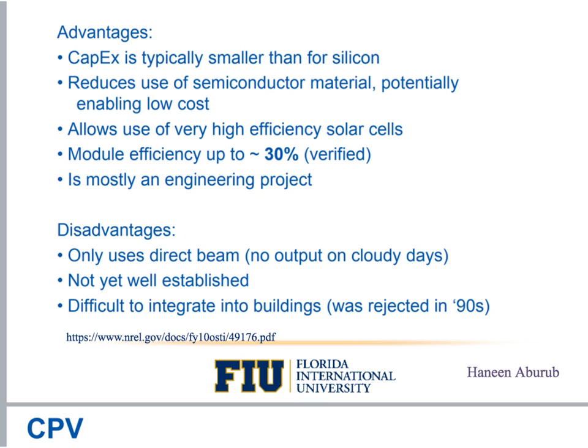It can reach approximately 30%. I think these are the two main advantages of this type of technology. The disadvantage is that it only uses the direct beam, so there is no output on cloudy days, and it's not yet well established, and it's difficult to integrate into buildings.